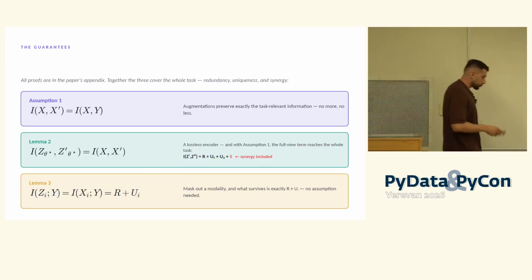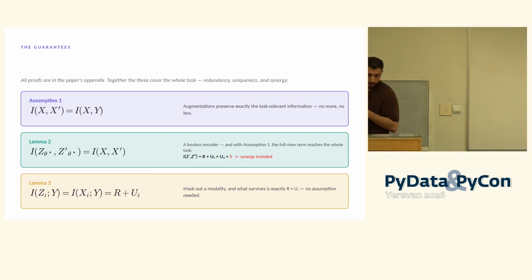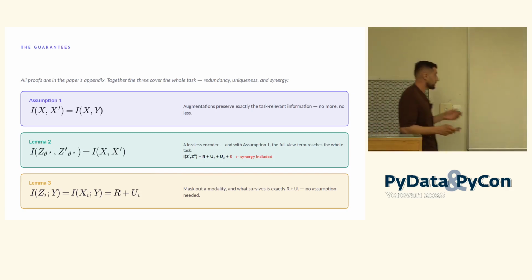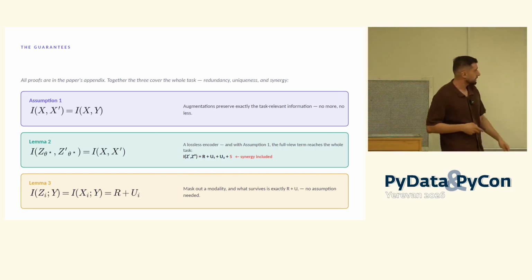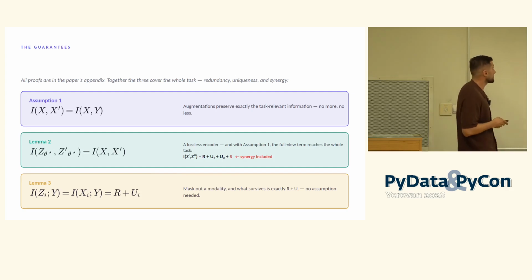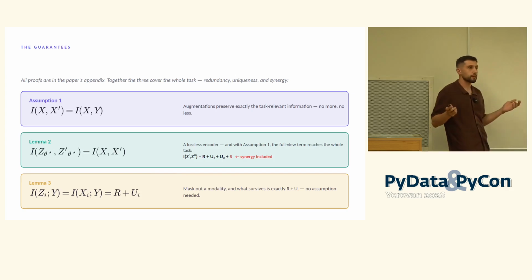I try to avoid diving into math a lot, but I want to build some intuition. I think it's not very hard to understand. So the idea is that they have this assumption: when you have a label and you have all features together, here X is all modalities together, there exists some augmentation strategy that can capture all information as if you had the label as well.